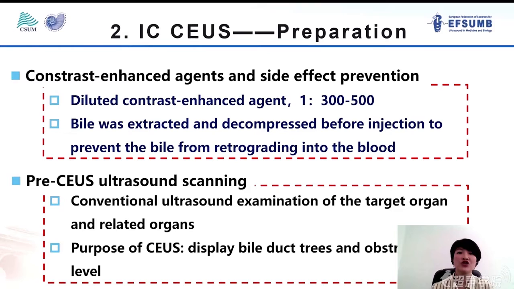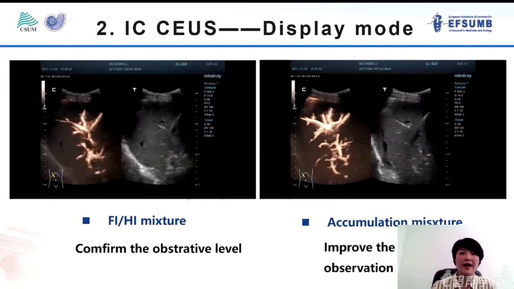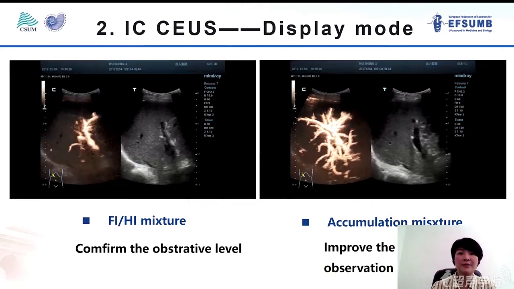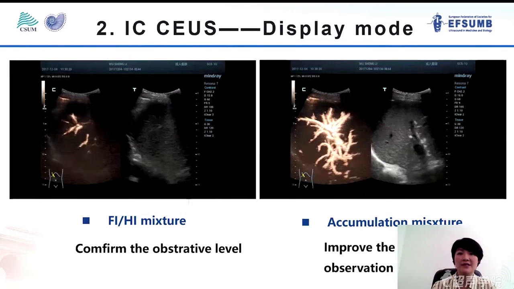Before injection, the obstructed bile should be extracted first to reduce the intracavity pressure and prevent the bile from retrograding into the blood. The purpose of intracavity CEUS is displaying the bile duct trace and obstructive level. There are three commonly used display modes for intracavity CEUS.